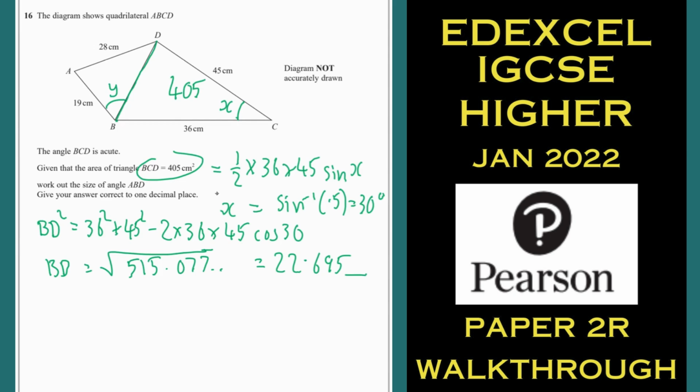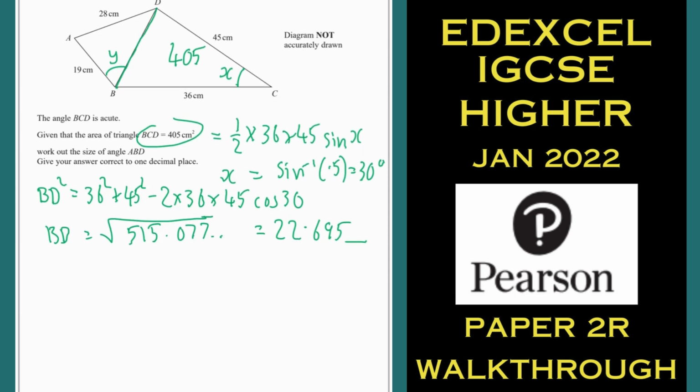We'll call it Y. When you want an angle, you don't know an angle and its opposite side. It's the cosine rule. Still can't use the sine rule, but it's the cosine rule rejigged. The rejigged version is the 2 sides either side, that's 19, and the one we've just found.